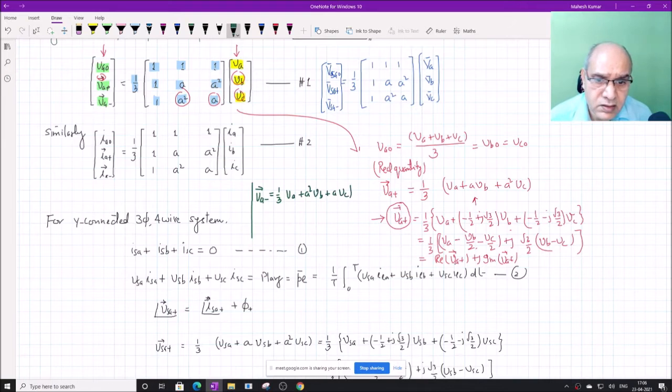Am I correct? If you substitute a and a square, you will see that it becomes 1 by 3, the real part is the same, VA minus VB by 2 minus VC by 2, plus j, minus j this time because the role of a and a square has changed. So you will get minus j root 3 by 2 into VB minus VC.